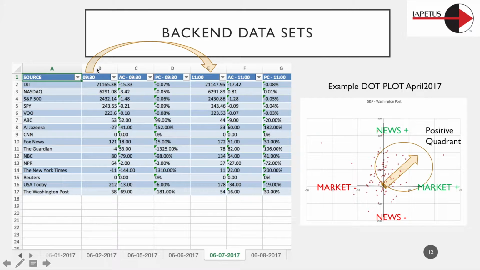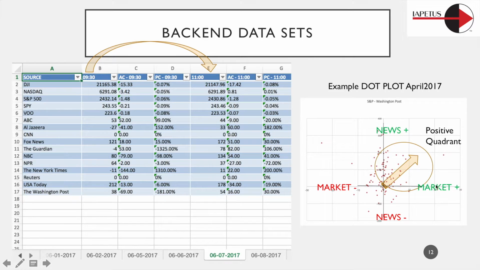So all of that information is captured so that we can do some analytics on the back end. So here's 9:30 a.m. We start our first scans in the morning, and then we do our next one at 11 a.m. Right. So for example, Fox News is this score right here, 121, and then it got more optimistic in the next news cycle at 172. And here's a dot plot example from April 2017 for the Washington Post.